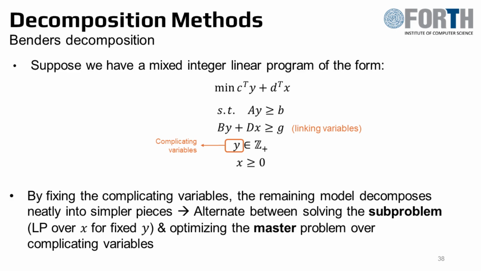The integrality disappears, and the term By becomes just a constant vector. So the model decomposes naturally into two parts. One part decides y. The other part evaluates that decision by solving a linear program in x. Benders decomposition exploits exactly this structure. We alternate between optimizing over y and solving the corresponding subproblem in x.